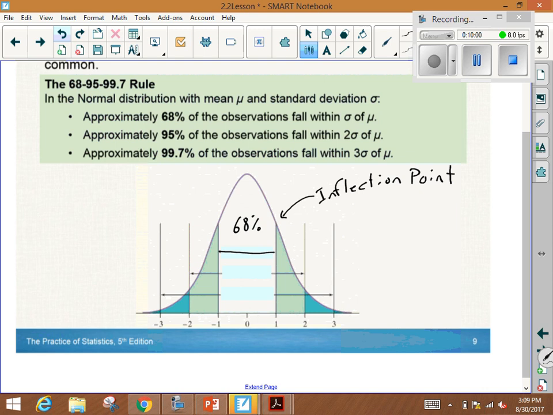And then if we look at the range 2 standard deviations away, this is our next inflection point. So between here and here, we're looking at 95% of the data. And then 3 standard deviations away, between here and here, this is 99.7%.